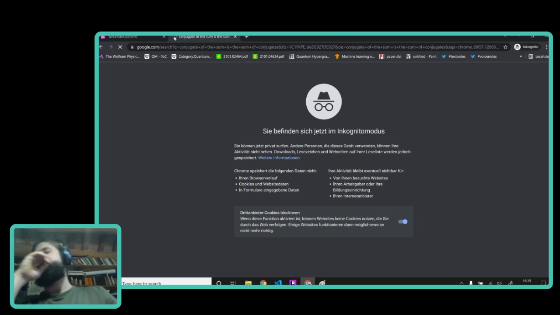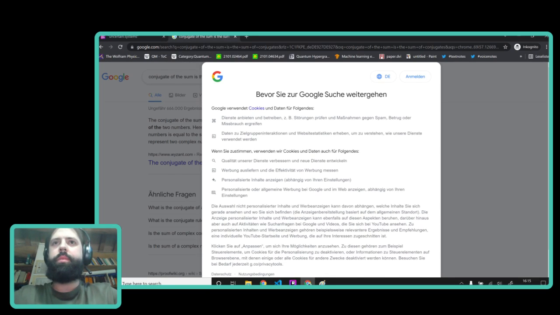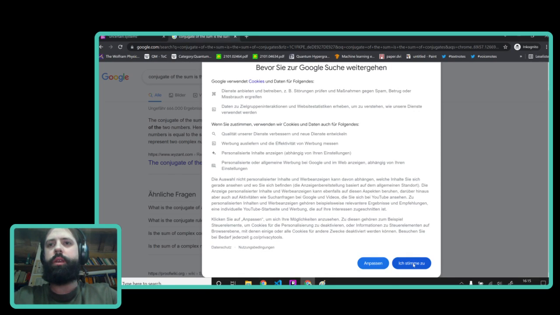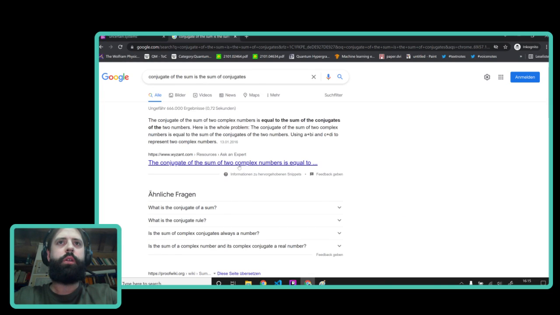I think so, but I don't know. The conjugate of the sum of two components is equal to the sum of the conjugates of two numbers. Yeah. Okay. So the thing is the following.